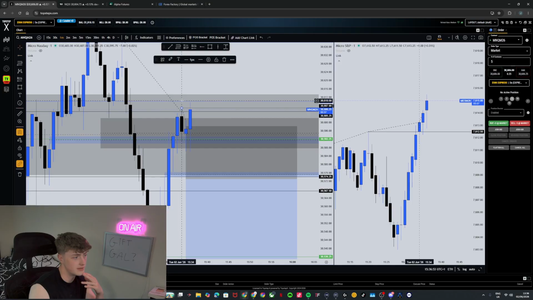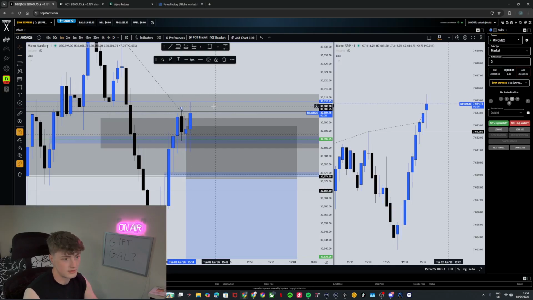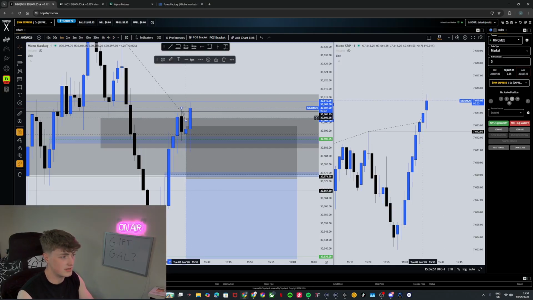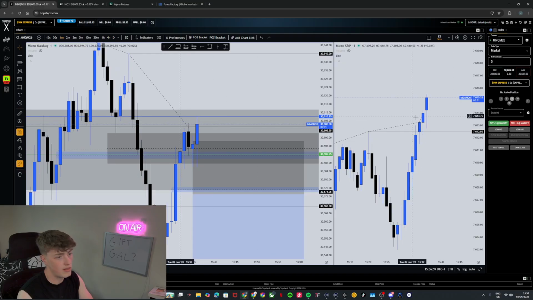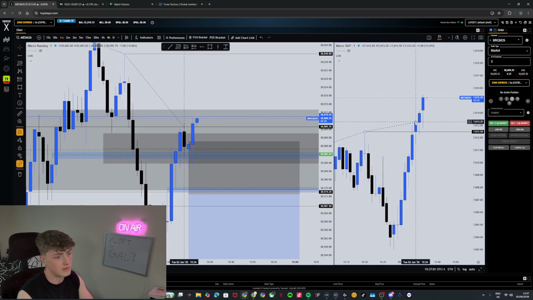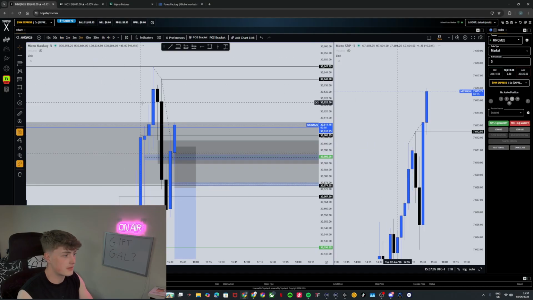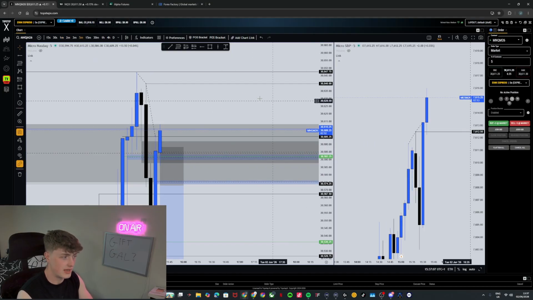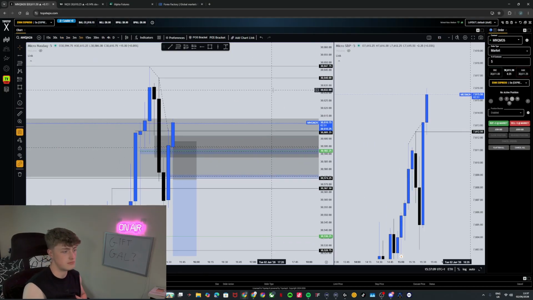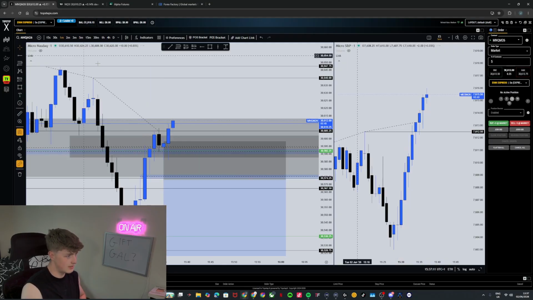But it all depends if we sweep that, which we did. So there's no internal SMT off this trade anymore. And we've pummeled through the gap. We've got 2 minutes 50 left on the 5 minute.